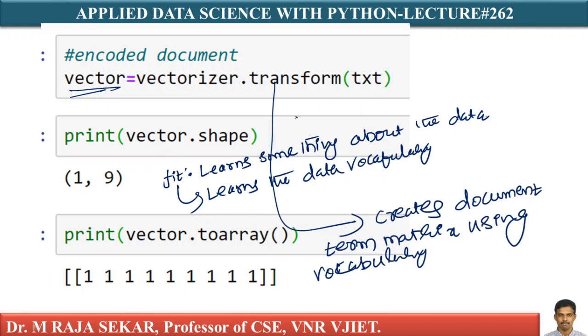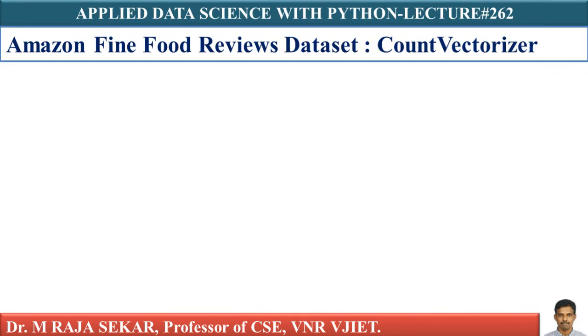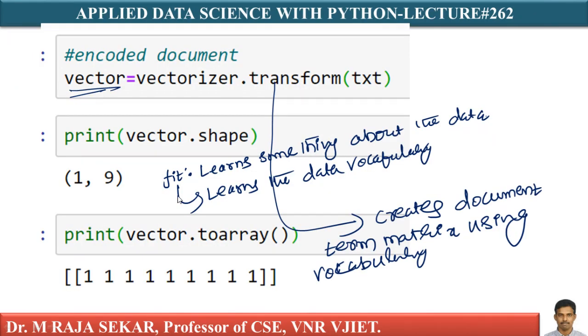There is only one row and 9 columns. If you keep 0 to 8, that means 9. Therefore, 1 row, 9 columns.